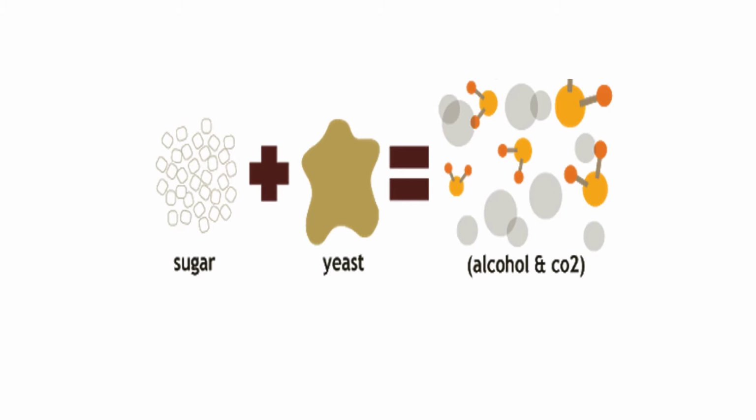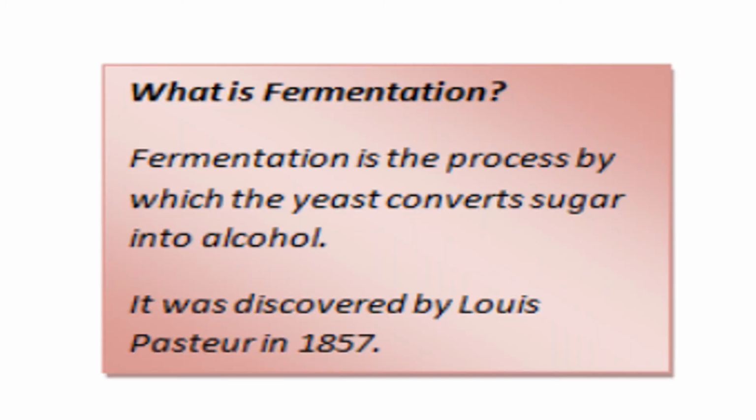Actually, that smell is due to the presence of alcohol that has been converted from sugar by the yeast. The process by which the yeast is converting the sugar into alcohol can be termed as fermentation, and it was discovered by Louis Pasteur in 1857.